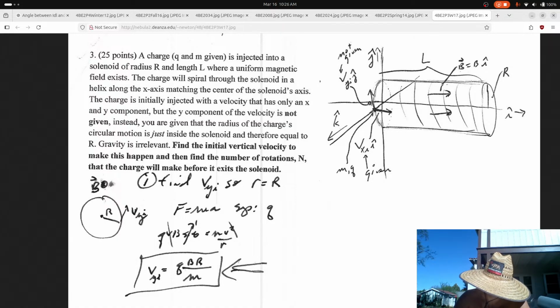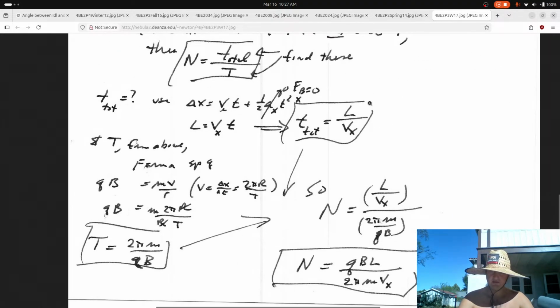And the period time is going to be, so we're going to get, R... QBL over Vx 2 pi m.